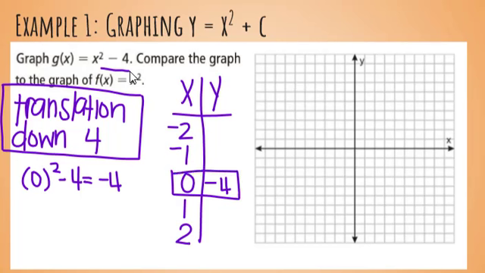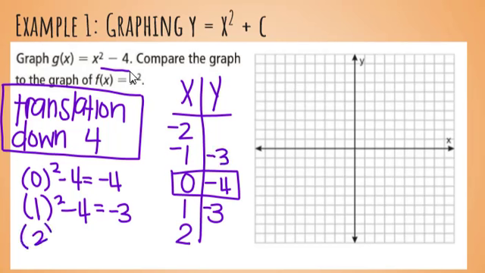Our graph still has symmetry, meaning we're going to be able to reflect or mirror these values across. So we can go ahead and plug in +1. And when we plug in +1, we get -3. And then we can reflect that value over here. And now we can plug in +2.